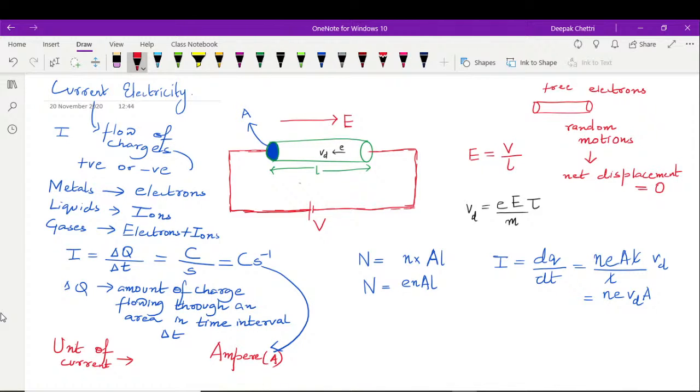That's why your current is 0. Now how can we get current from this? We have to connect it to a battery, right.